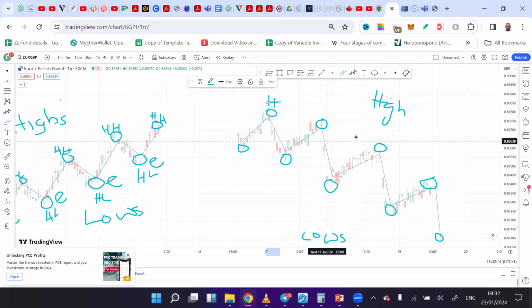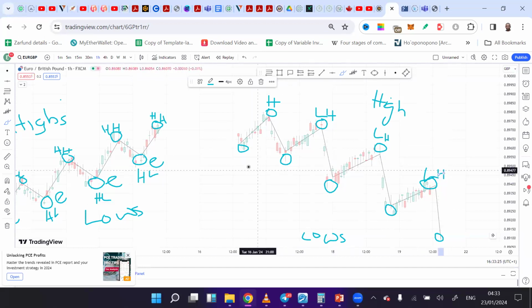Because this is lower than the previous one, we call it a lower high. Because this high too is lower than this, we call it a lower high. Same thing here, we have a lower high.